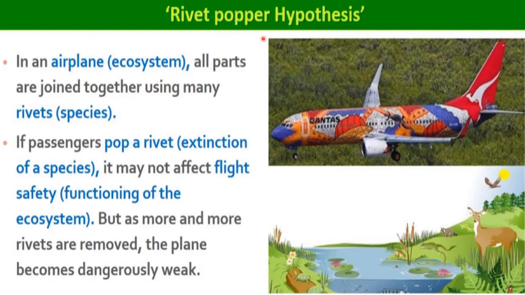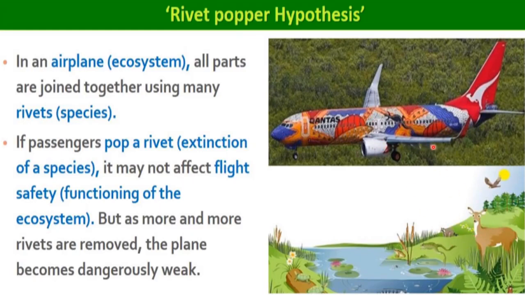He said that if we compare our ecosystem with an aeroplane, all parts are joined together using many rivets, or you can say species. Likewise, in an ecosystem, many different species are present. So he compared the rivets of an aeroplane with the species of an ecosystem, right?